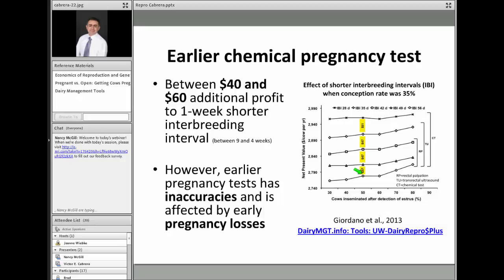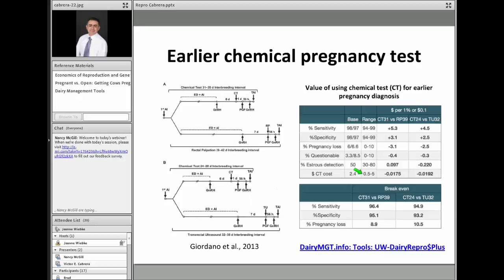But in order to reach those shorter intervening intervals, we can do earlier chemical pregnancy tests, and we tested this in research that has been recently published. Very briefly, I'm not going to go into all the details here; you can see this at your own time.